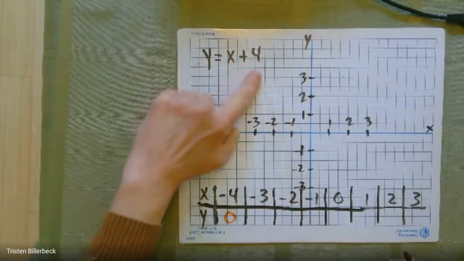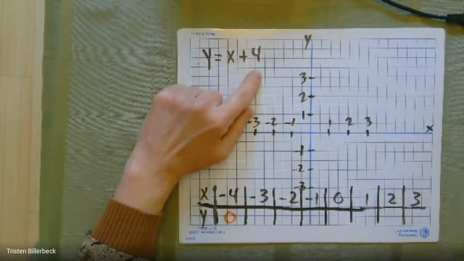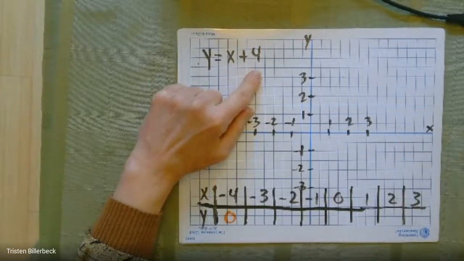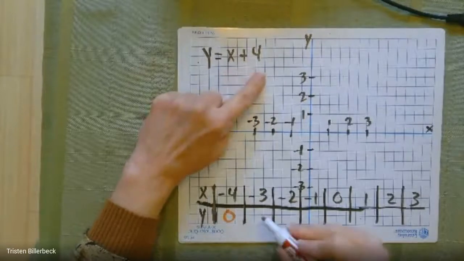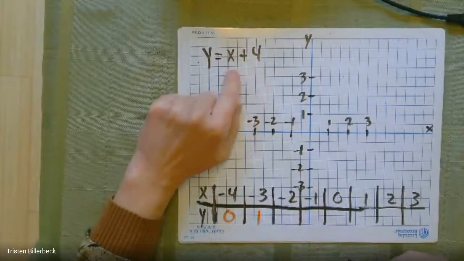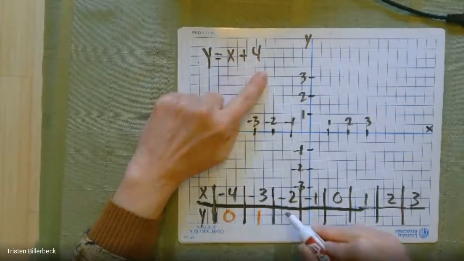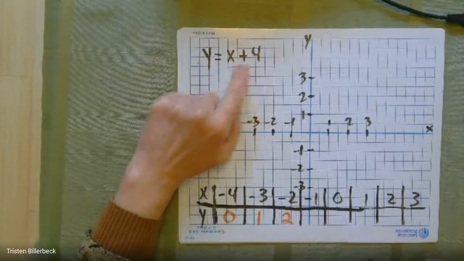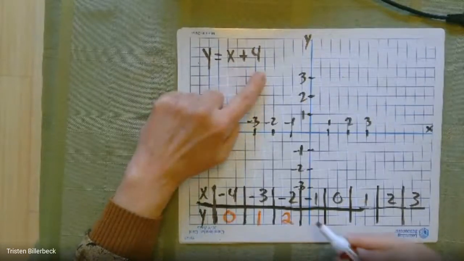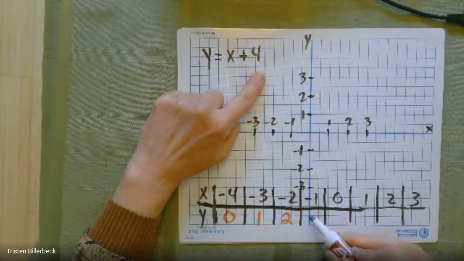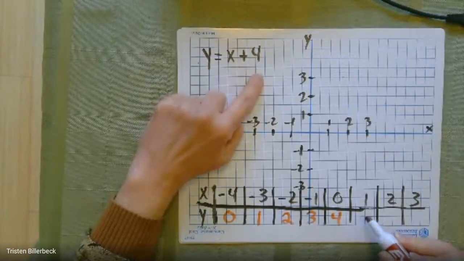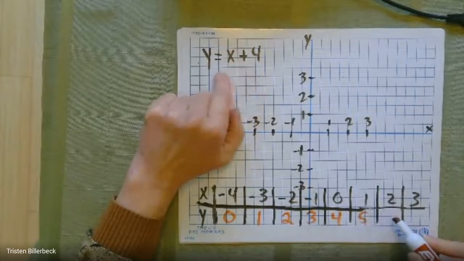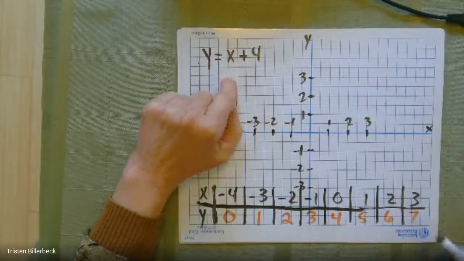What's negative 3 plus 4? It's the same thing as 4 minus 3, or different signs take the difference. So negative 3 plus 4 would be 1. Negative 2 plus 4 is 2. Negative 1 plus 4 is 3. 0 plus 4 is 4. And then 1 plus 4 is 5. And then 2, 6, and 7.